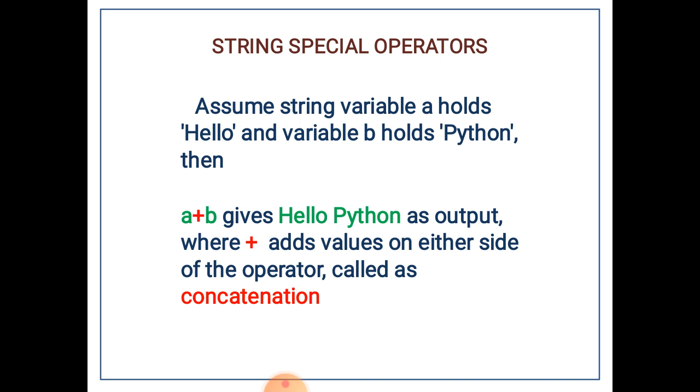So a is equal to hello and b is equal to Python.